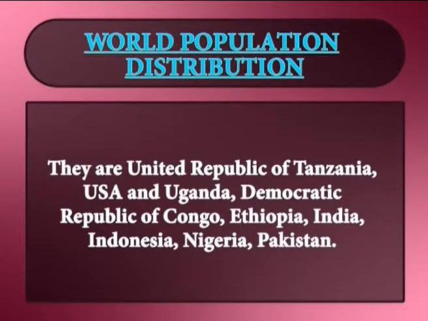Also, most of the world population growth estimated to take place between 2014 and 2050 will be taking place in a small number of countries. Nine countries are expected to account for more than 50% of the world's projected increase in population. They are the United Republic of Tanzania, USA and Uganda, the Democratic Republic of Congo, Ethiopia, India, Indonesia, Nigeria, Pakistan.